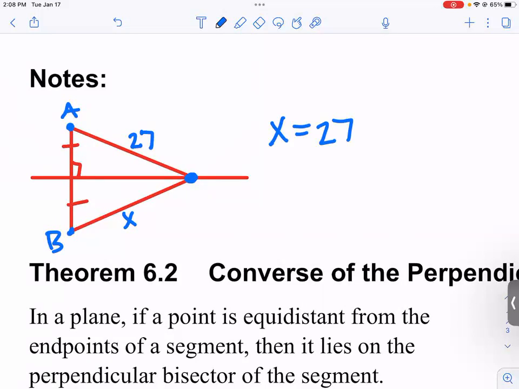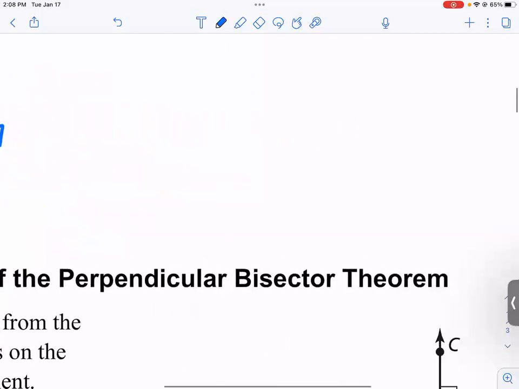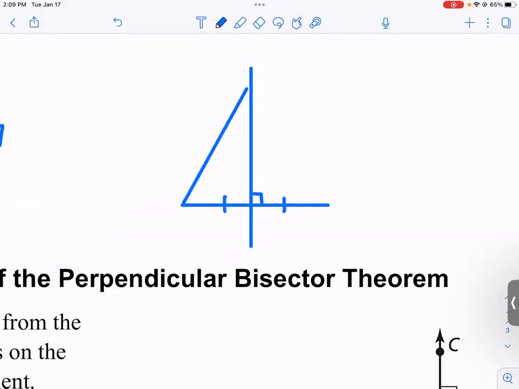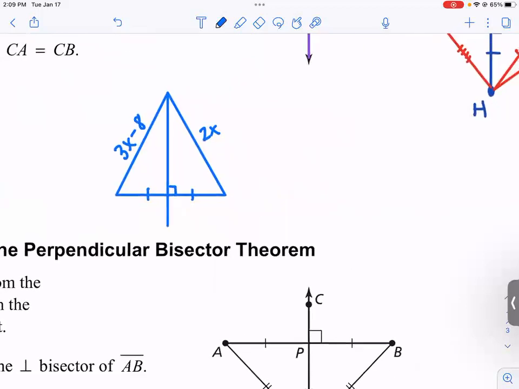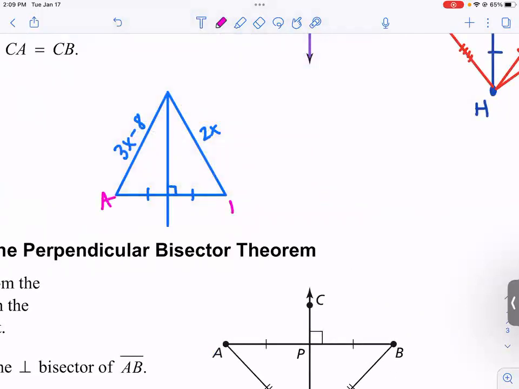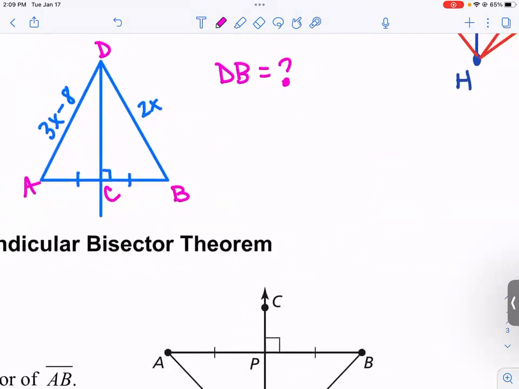Okay. Okay, so this is our second example that I'm wanting you to draw.